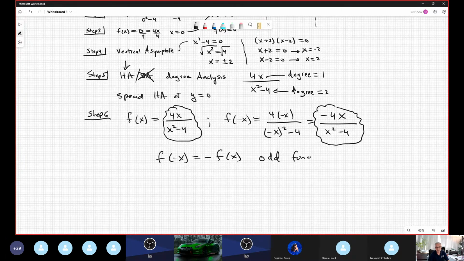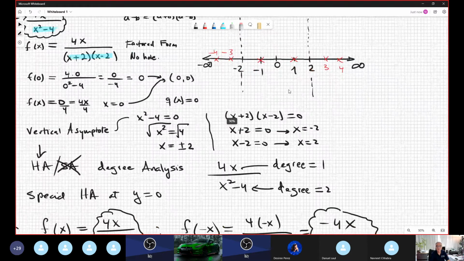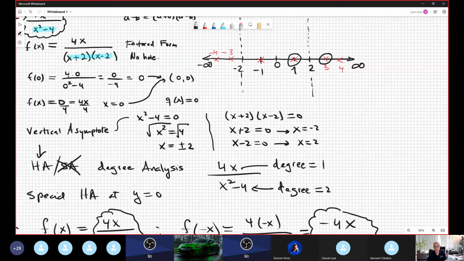I take advantage of this fact. When you include the additional points, I include only the positive ones. The negative is the same value, but with the opposite sign. And stage 6 is exactly this step, in which I include additional points. How many? The minimum is, well, I take 1, I take 3, that's it.